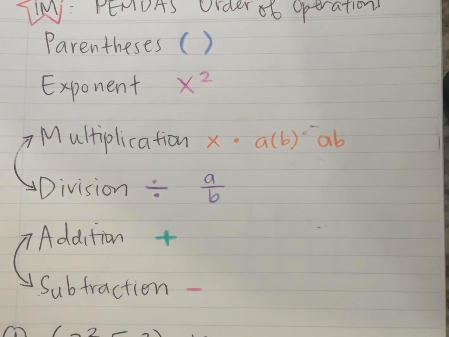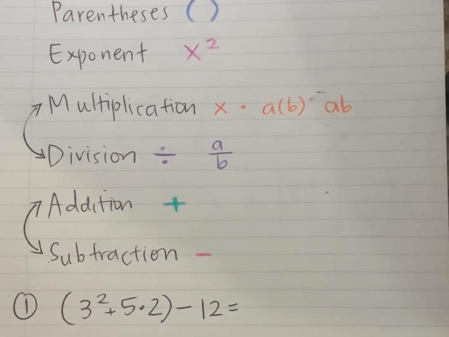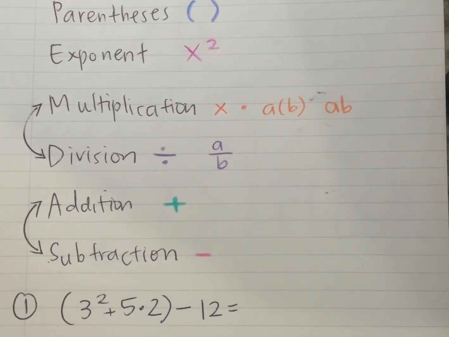All right, here we go. Number one. Parentheses 3 squared plus 5 times 2, end parentheses, minus 12. I'm going to read it one more time.